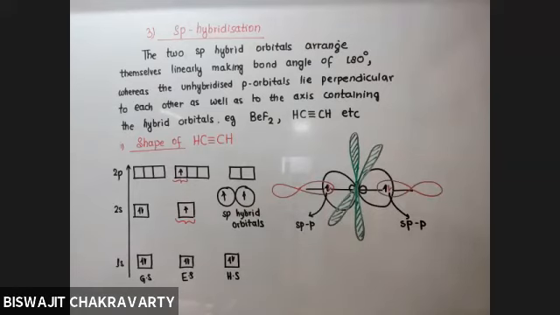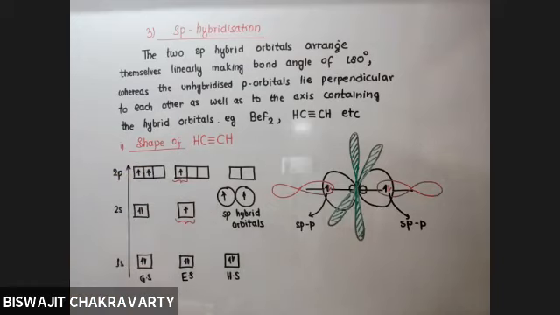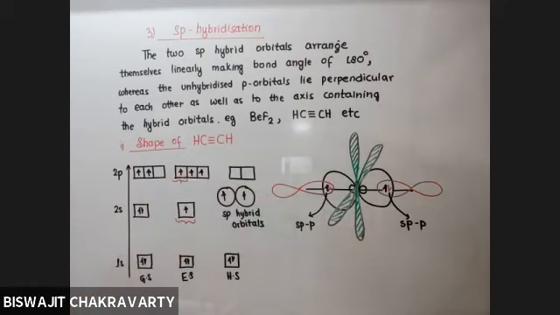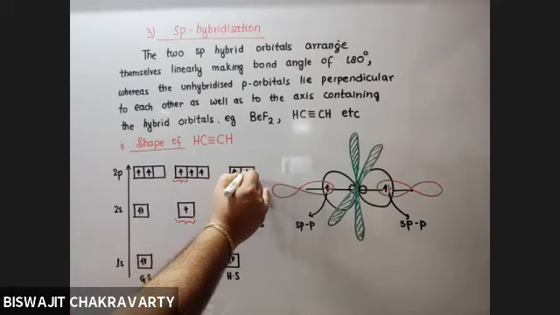SP. Okay, so let us draw the energy diagram for carbon. Carbon has atomic number 6: 1, 2, 3, 4, 5 and 6. Ground state, excited state and hybridized state.